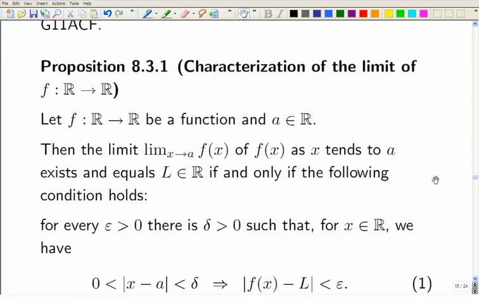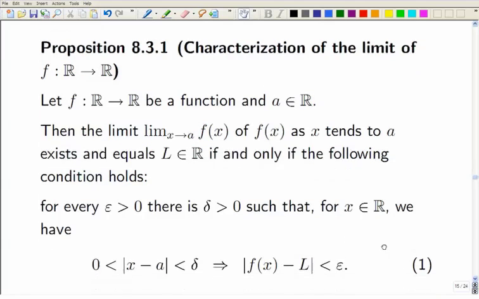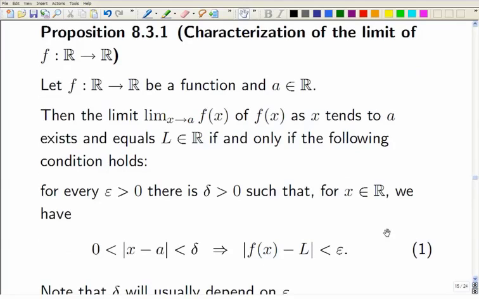What does it mean for a function defined on the real line to have a limit L as you approach this point a? In terms of epsilon and delta, it came out as the following. For every positive real number epsilon, there should be a corresponding positive real number delta. And as you change epsilon, you'll probably have to change delta too. Delta is almost a function of epsilon here.